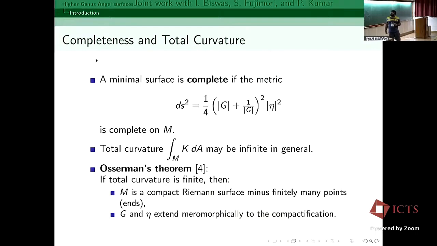This is a Riemannian metric on the Riemann surface. The minimal surface is complete if this metric is complete on M. The total curvature is defined like this, where K is the Gaussian curvature. Whatever I stated just now follows from Osserman's theorem.